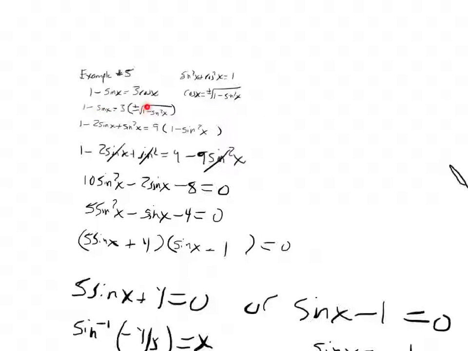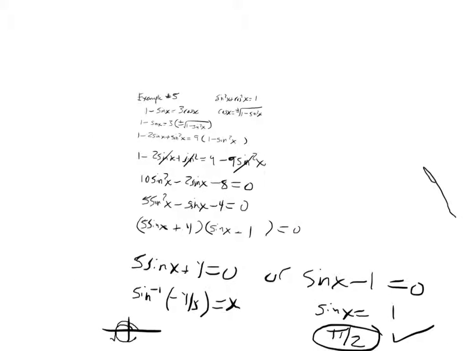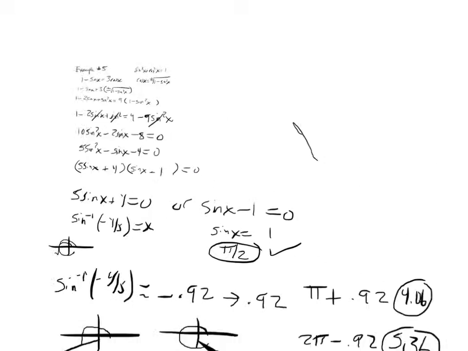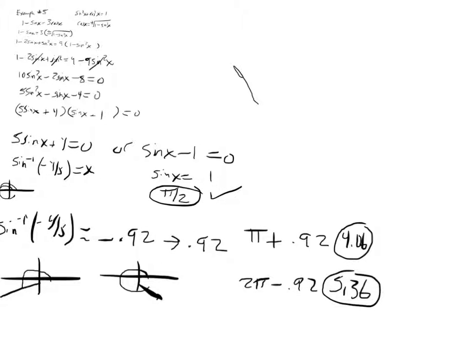The cosine for that third quadrant angle is negative. Can a negative number equal a positive number? The answer clearly is no. So this answer is an extraneous solution. It doesn't work.